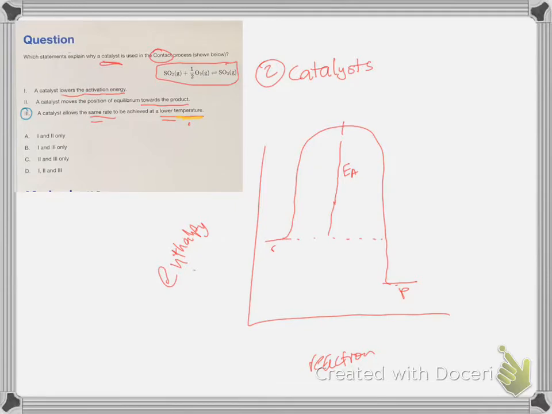Now, what happens if a catalyst were used in this reaction? There will be a lower line, so let's say this was 100, for example, and this was 50. The activation energy is now lower, and this will go down to the products. And obviously, this section right here is the delta H.